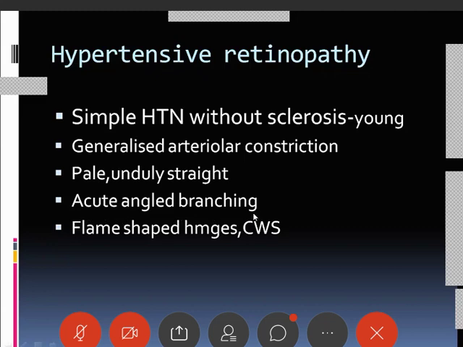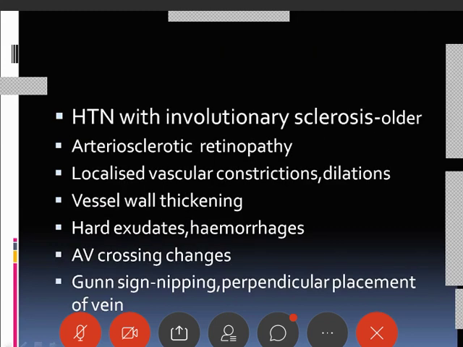There will be acute angle branching. When it persists for some time, there may be flame-shaped hemorrhages and also cotton wool spots. This is simple hypertension without sclerosis, which occurs in young individuals.